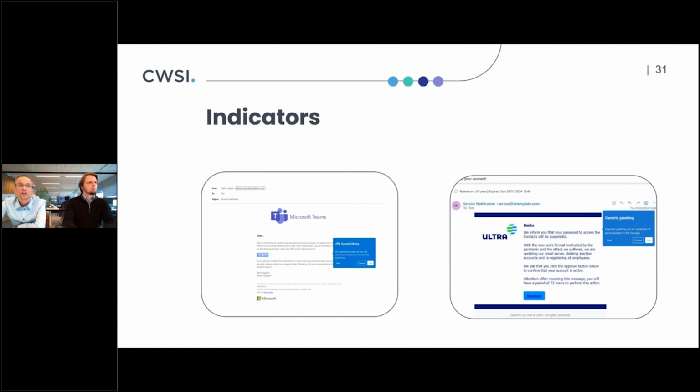So, for example, an indicator is around URL hyperlinking, and there are some tool tips over here for the end user on how to recognize a phishing email for, let's say, the next attack simulation training or even a next incoming phishing email. On the left side of the screen, it's about URL hyperlinking. On the right side, it's about generic greeting, so how you can see whether it's something not specifically pointed to you as an individual.